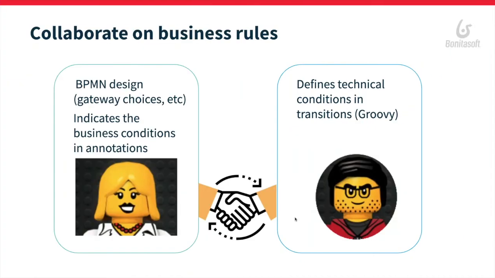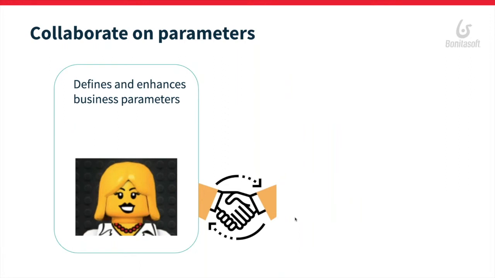So here we have talked about business rules, but there is another way as well to define rules and to talk about business rules. And that's done through the parameters. Cindy is going to define and enhance the business parameters. Those values are business values that can change, but that won't change that often. For example, you can talk about legal values.